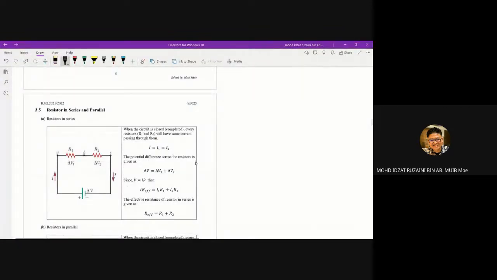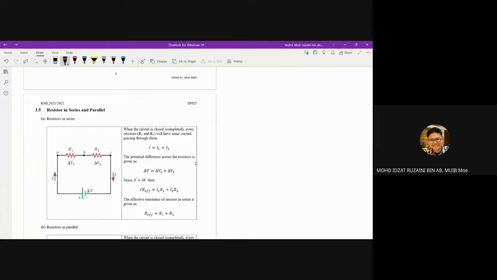Once again kamu akan faham tentang sifat potential difference dan sifat current dalam circuit. Dalam series circuit, when the components are connected in series, R1 is connected to R2 in series, maka kamu tahu bahawa I in the circuit is equal to I1, current flow in R1, is equal to I2, current flow in R2.